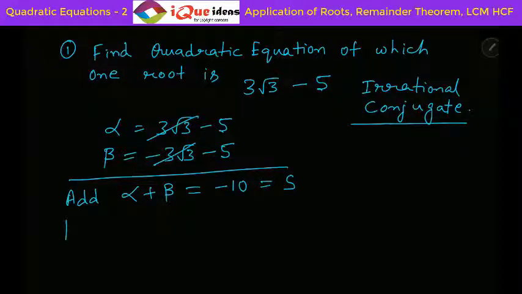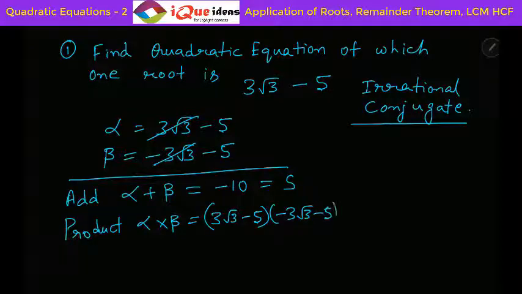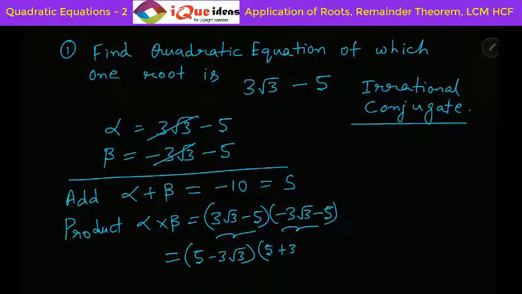Similarly, if you multiply, you will get the product. Now the product of alpha into beta will be equal to 3 root 3 minus 5 into minus 3 root 3 minus 5. Let's take minus common from this as well as this. So two minuses come out and it will become positive. So we get 5 minus 3 root 3 and the other side will become 5 plus 3 root 3.